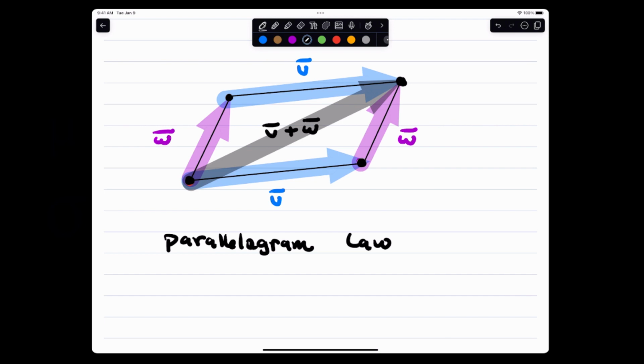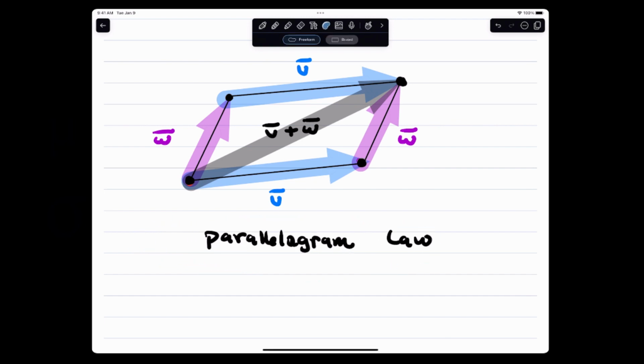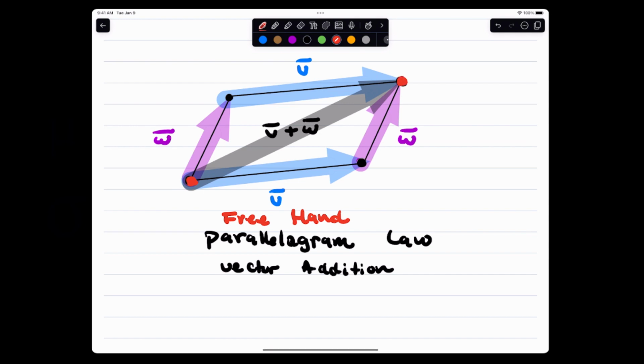In fact, this is called the parallelogram law. It's a law for vector addition. This is the freehand version. You have to be very careful here, because you have to put the initial point of the first vector at the terminal point of the second vector, and you're going to create that vector sum.